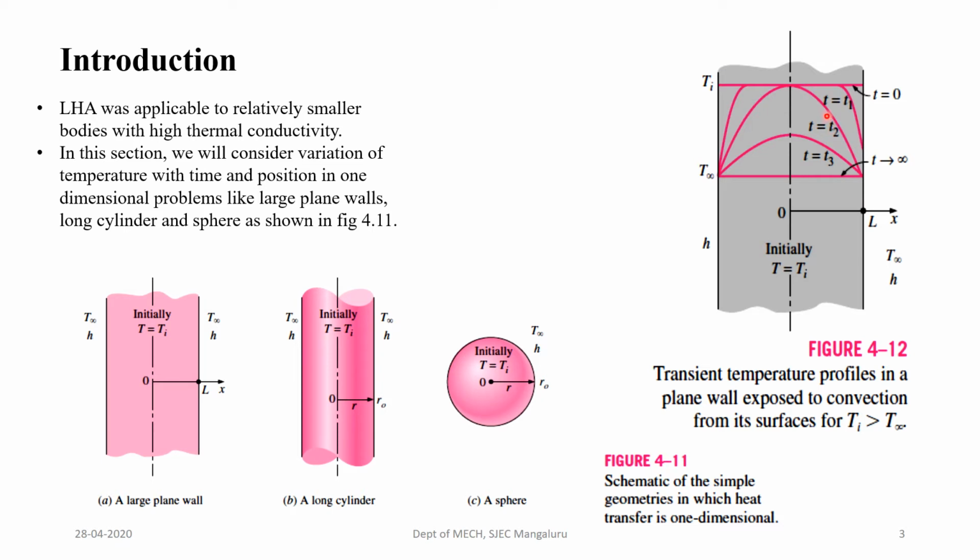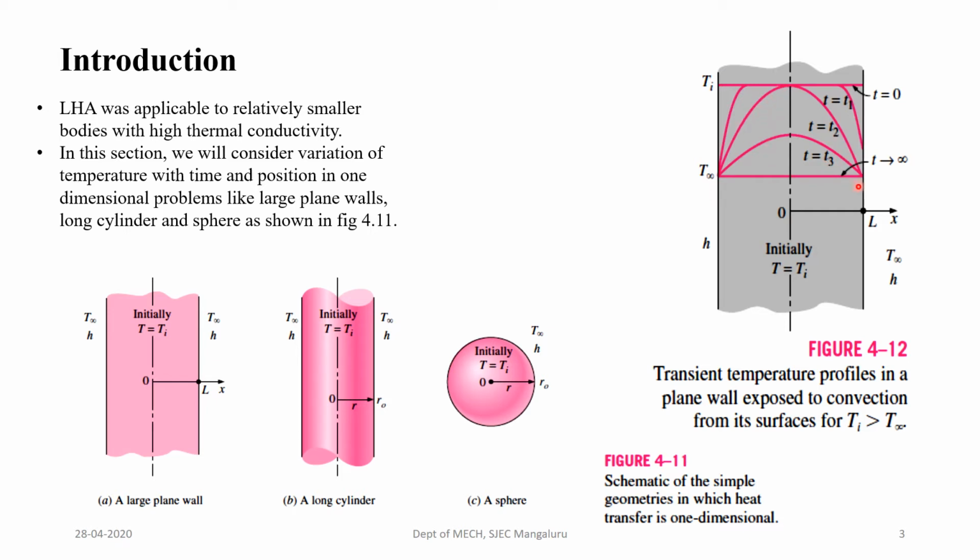Now at t equal to t2, the temperature at the midplane further drops. At the center it is Ti, but at the surface it is T infinity, and in between the center line and the surface the temperature is tending to drop. That is shown by this line.